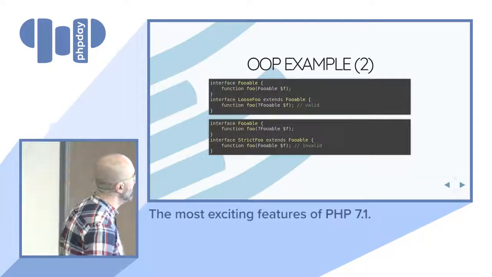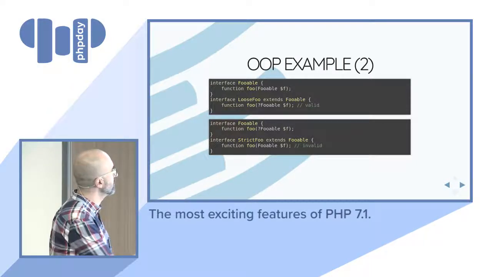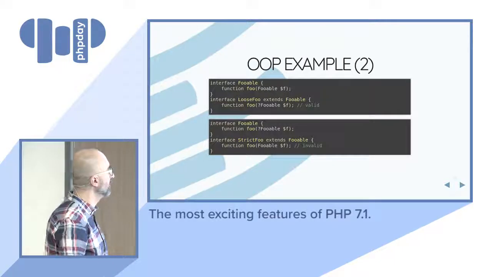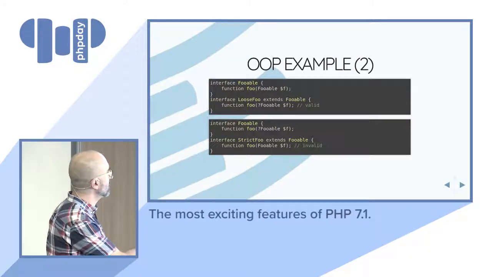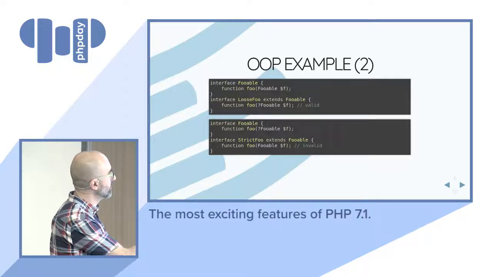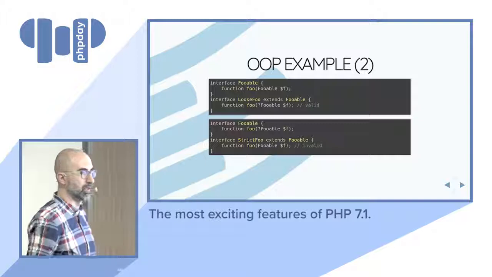You can also see an example with interfaces using parameters. We have an interface Fooable with a foo method that accepts an object, $f, that is a Fooable. If you try to extend this interface, you actually can specify null as a parameter.